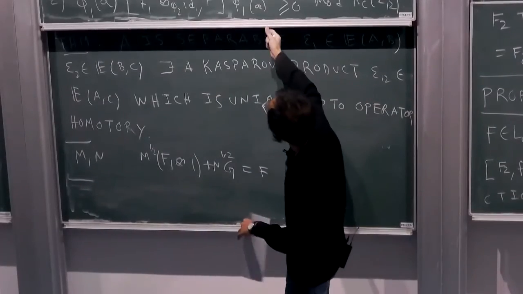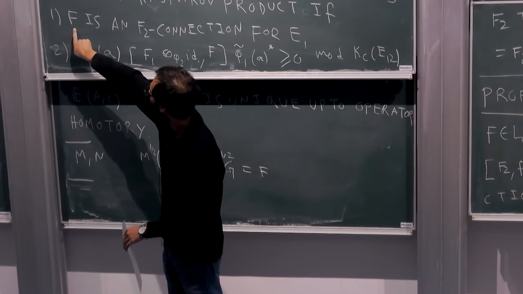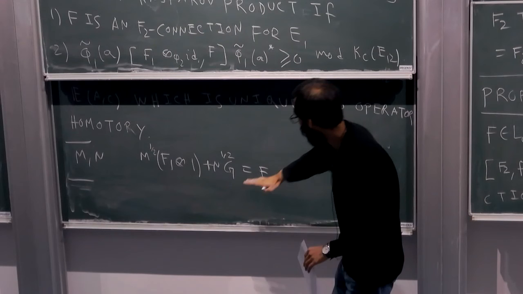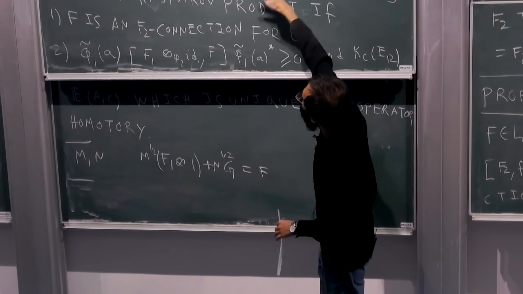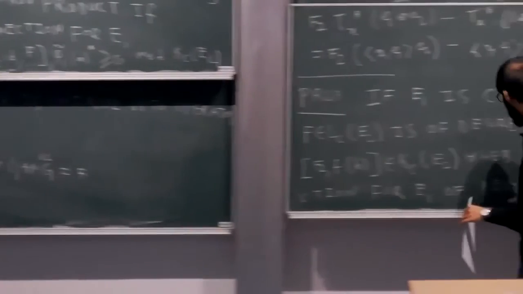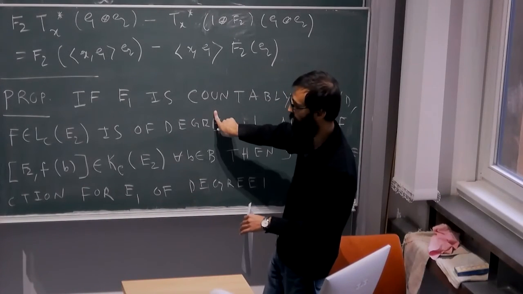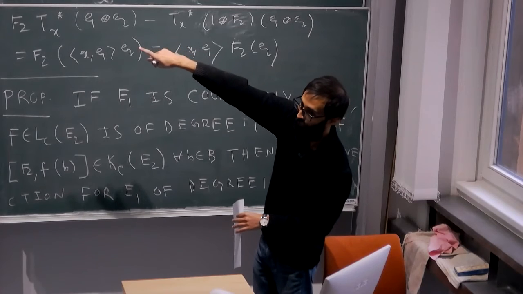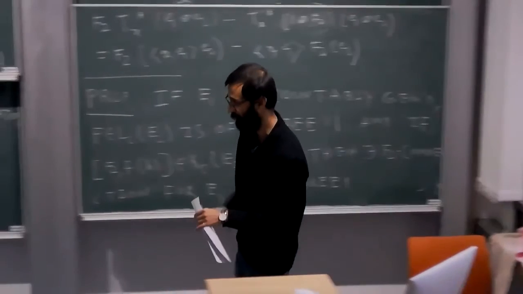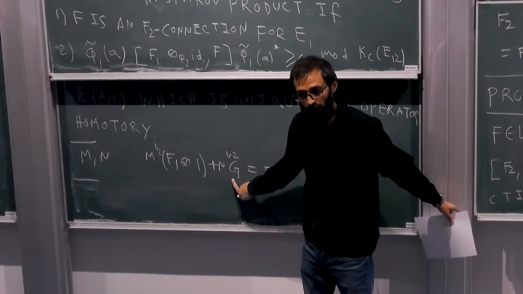In the definition of the Kasparov product, you require F to be an F2 connection for E1, right? So this whole thing would be a connection, but it is so set up that you indeed get a connection. You apply the proposition in that scenario, you get a connection, and I write that connection as G. That is a replacement for one tensor F2.